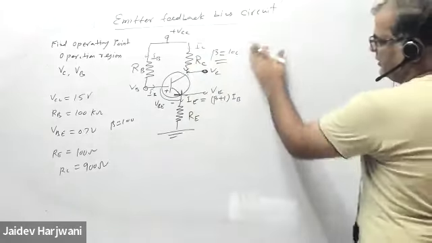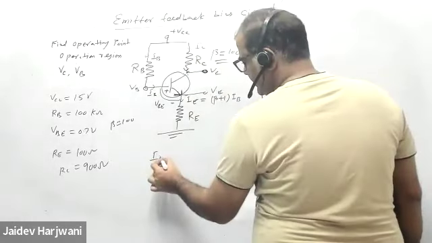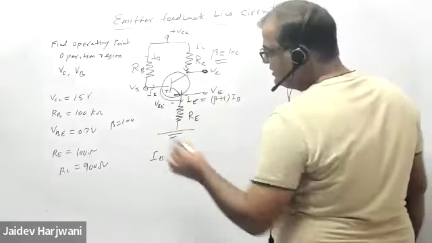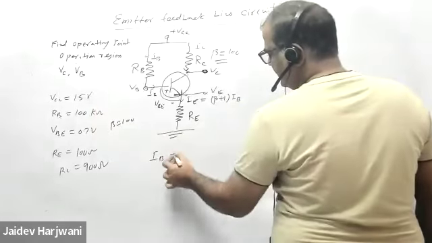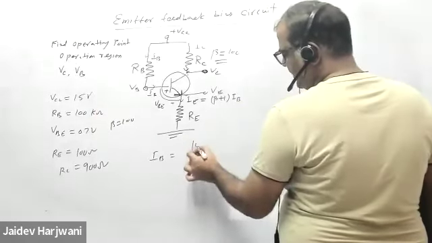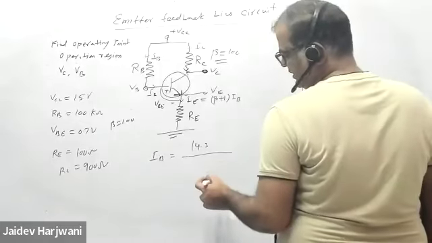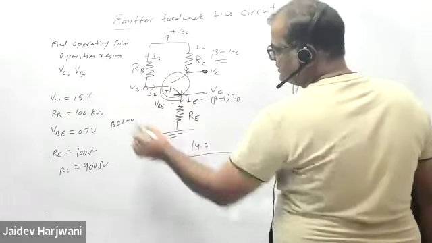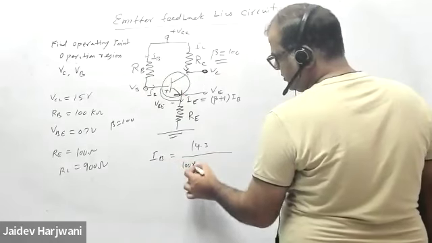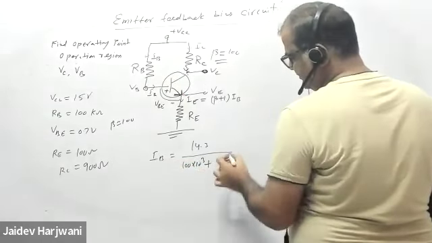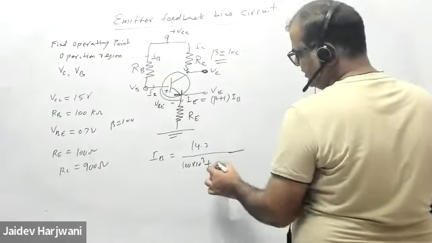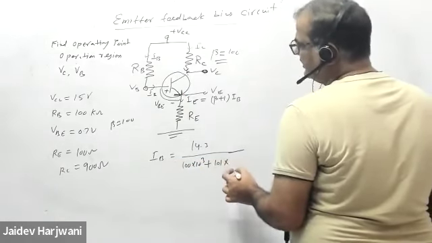So again, IB is VCC minus VBE, now 15 minus 0.7, that is 14.3 volt, divided by RB, 100 kilo ohm, plus (beta plus 1) 101 into RE.